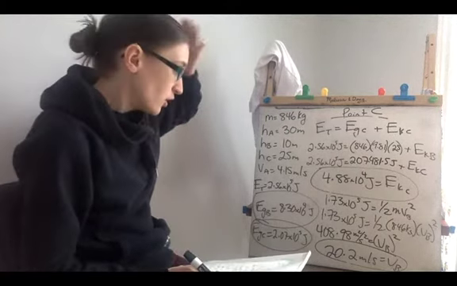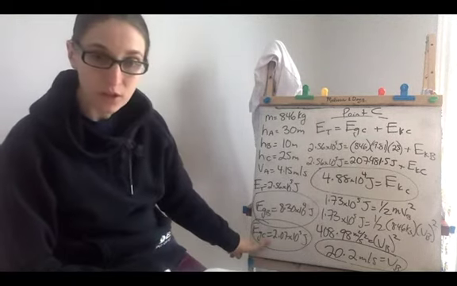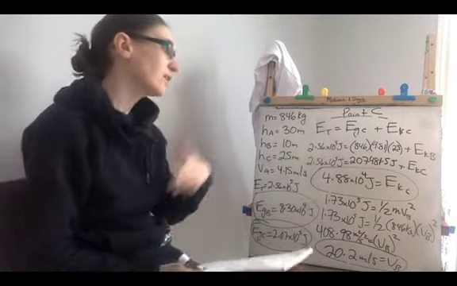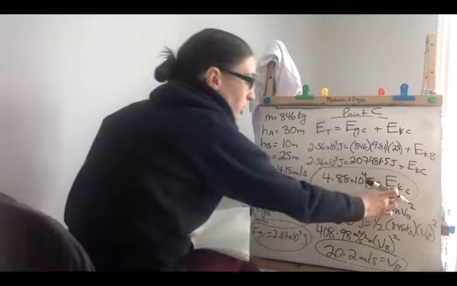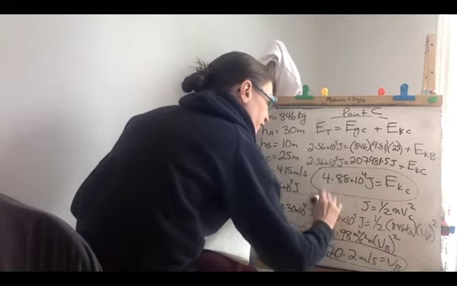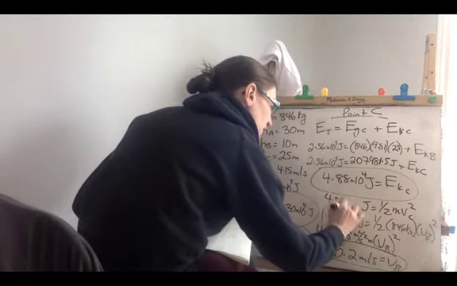Okay, so now there's your gravitational potential energy at C, there's your kinetic energy at C, and then same idea here where your kinetic energy is equal to 1/2 mass times the velocity at C squared, but this value is now 4.88 times 10 to the 4. Okay, the mass is the same.